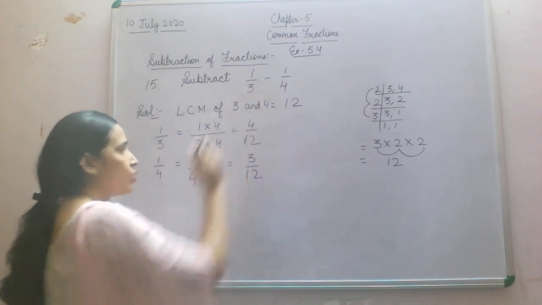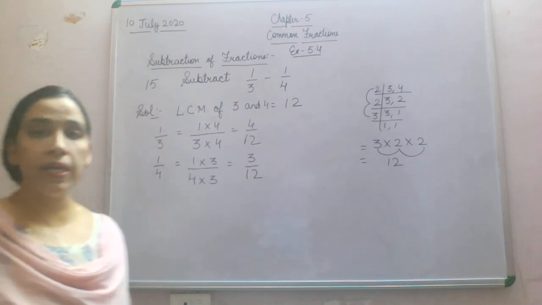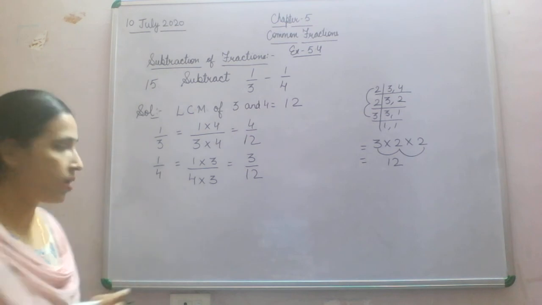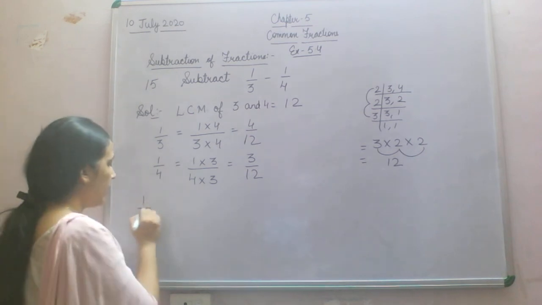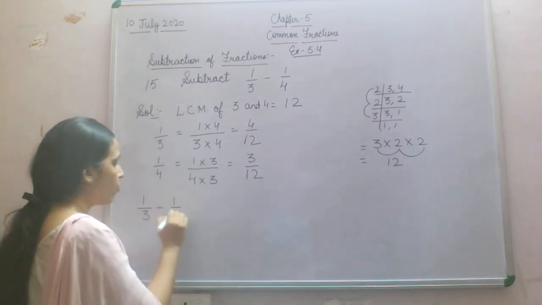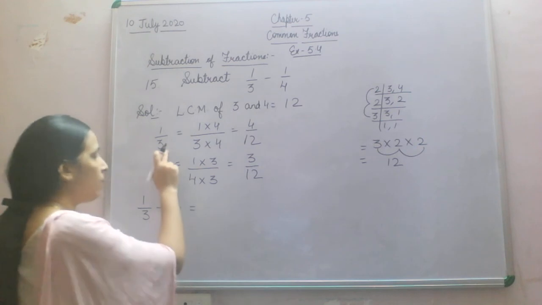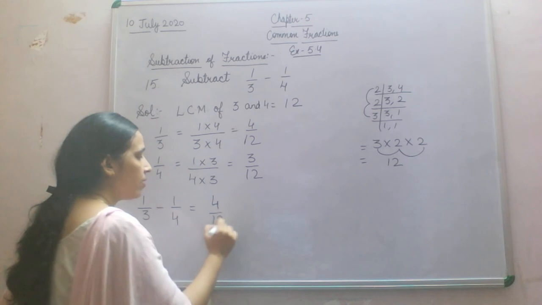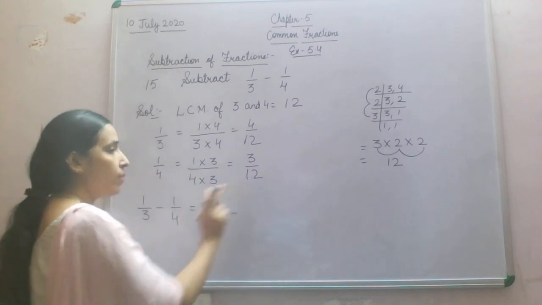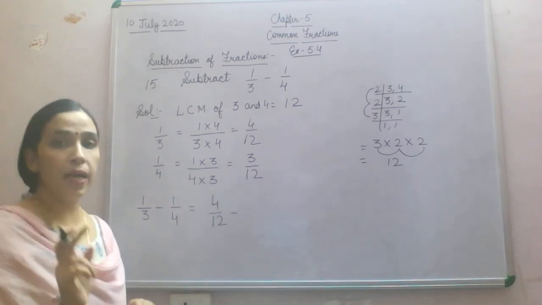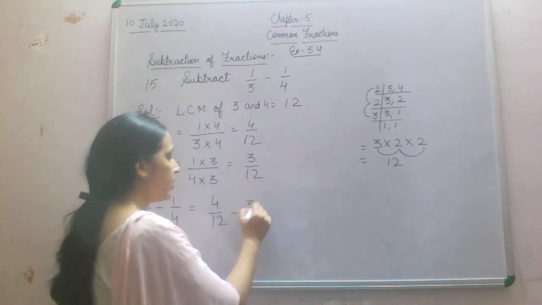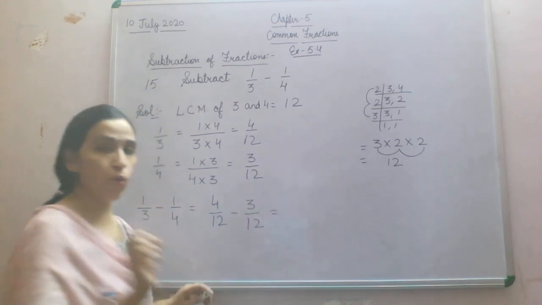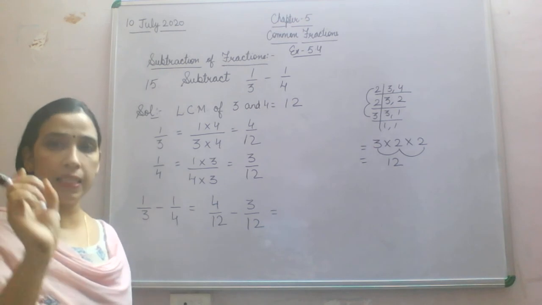Now what is the question given to you? The question is 1 by 3 minus 1 by 4. Now 1 by 3 will be converted into 4 by 12, minus 1 by 4 will be converted into 3 by 12. Now we have two like fractions, which are 4 by 12 and 3 by 12.